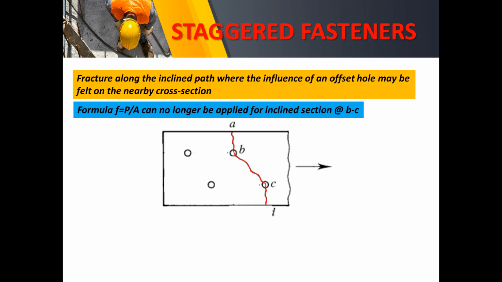Therefore, your usual formula sigma equals P over A can no longer be applied for the inclined section at BC, B to C, because there will be combined stresses here, namely the tensile and the shearing stress.